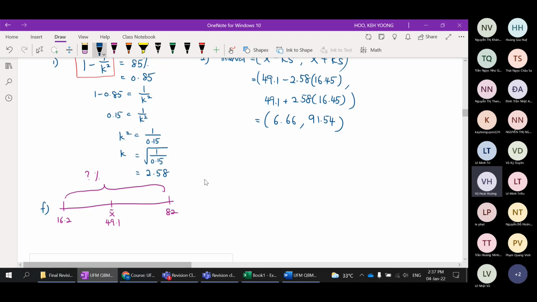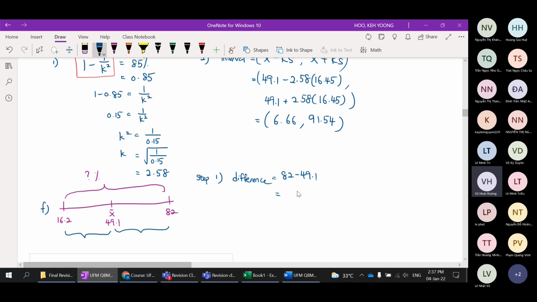Okay, what percentage? The first step, number 1: find the distance. The distance to the left and to the right from the sample mean is always the same, fixed already. So find the difference: take the largest value minus the smaller value.